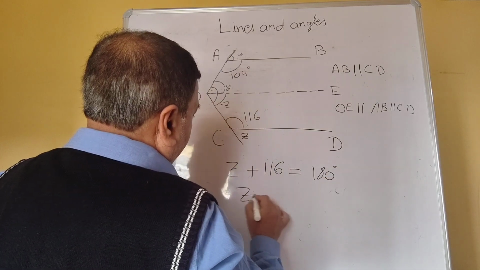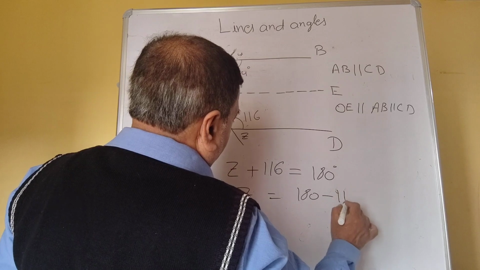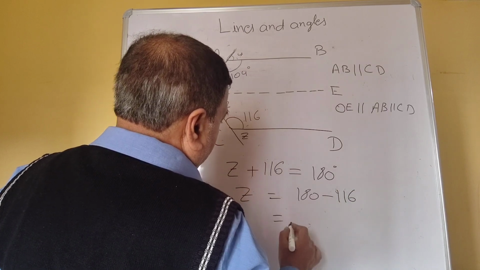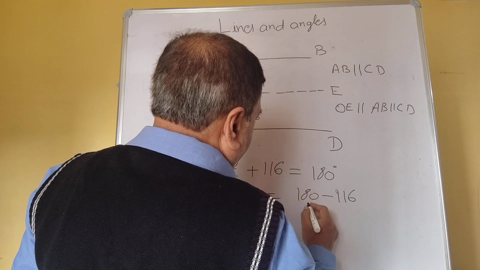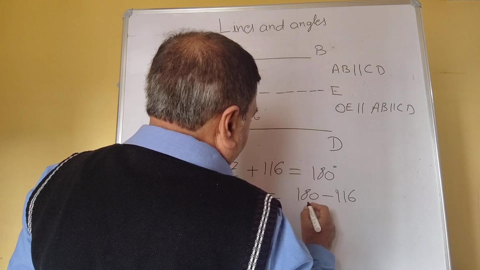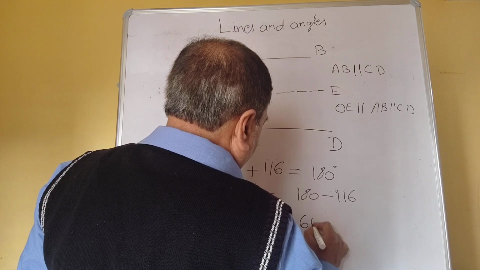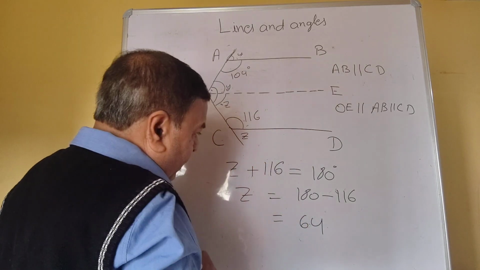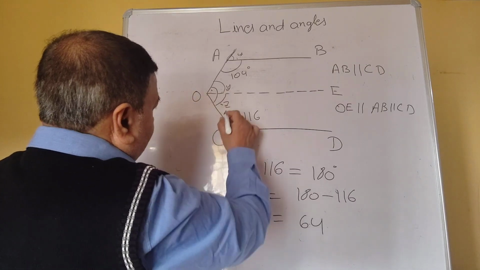So Z will be 180 minus 116. If you subtract 100, it will become 80, and 80 minus 10 is 70. 70 minus 6 is 64. Yes, it's 64. So the value of Z is 64.